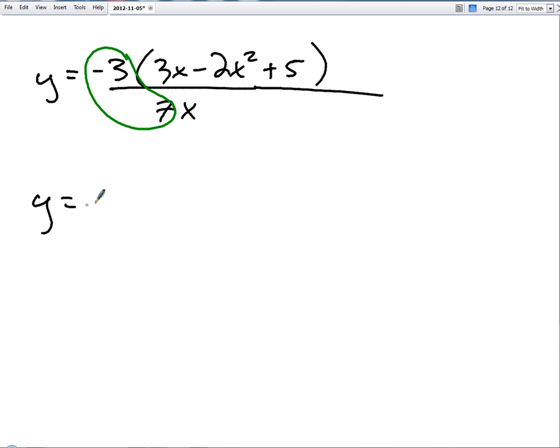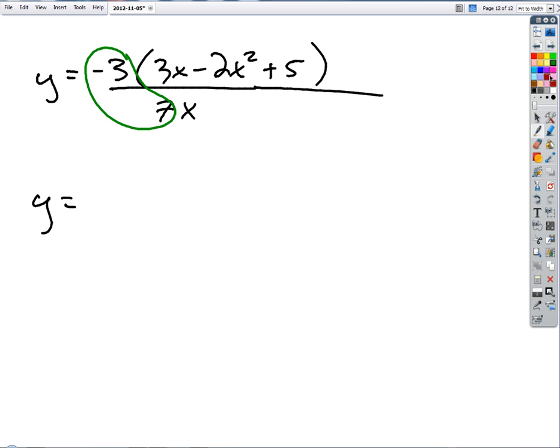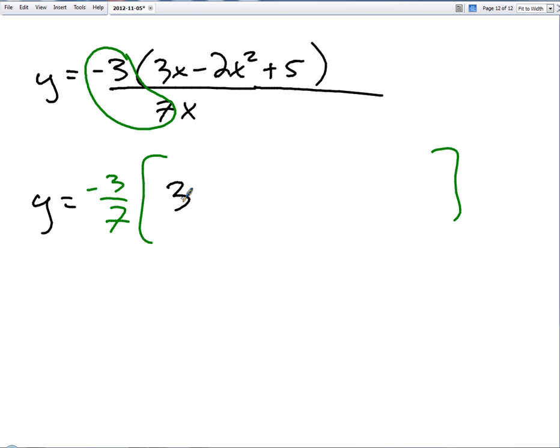I'm going to pull that -3/7 out front. Let's forget about that for now. And if I end up dividing the rest of this out, what's 3x over x? What does that simplify to? 3, yeah. What's -2x squared over x? Yeah. Right? -2x.